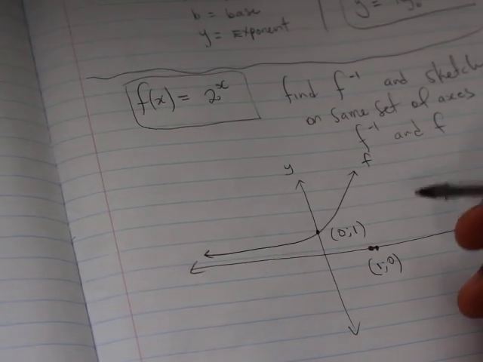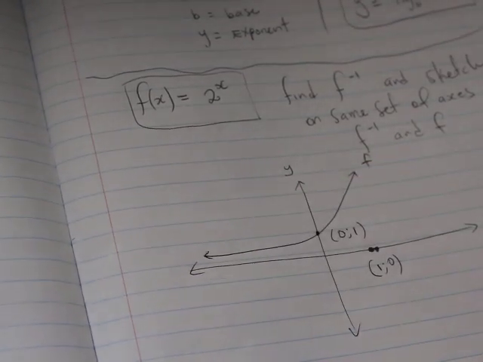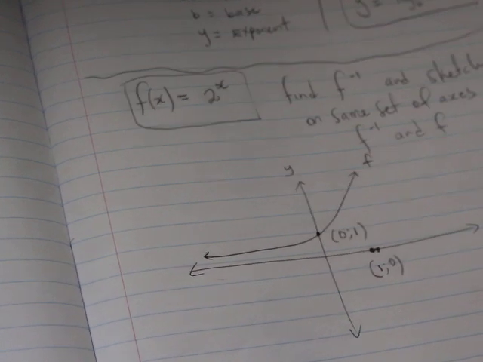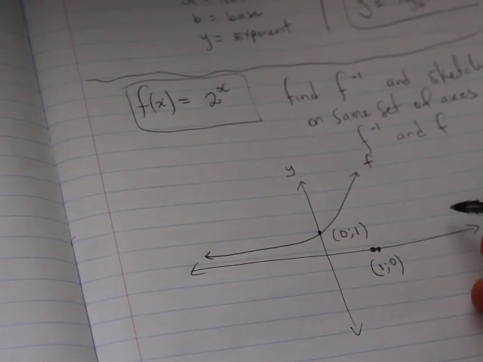So if the x-axis acts as the asymptote, guess what's going to be the asymptote for the inverse? I hope you said the y-axis. So our function is going to be like this.